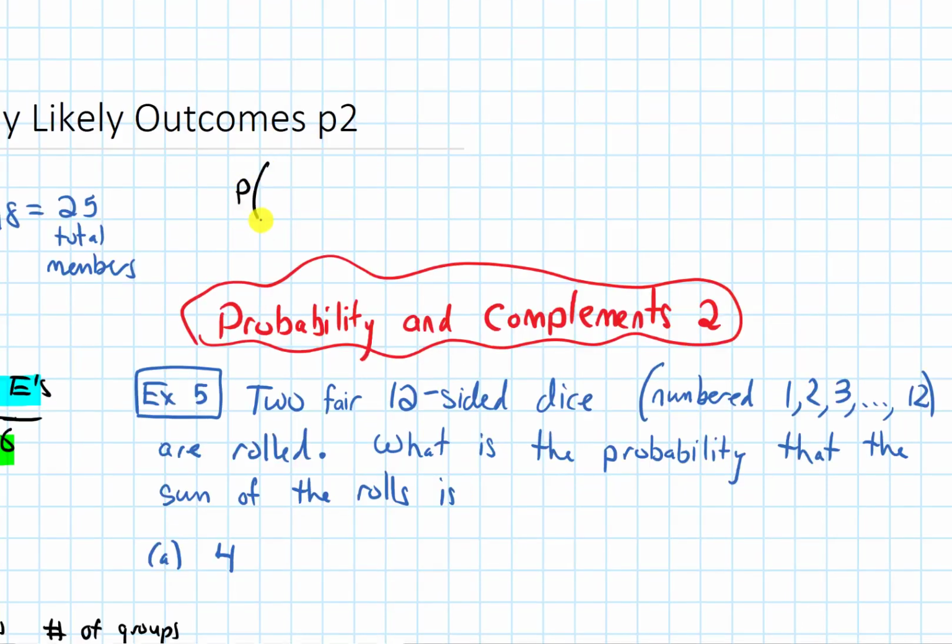Our probability of getting at least one answer choice correct is equal to, our numerator was the number of ways to get at least one correct, which was 5 to the 8 minus 4 to the 8. We used complements there. And the denominator was the total number of ways to select answers, which was 5 to the 8. And this question said to round our answer to 4 decimal places.